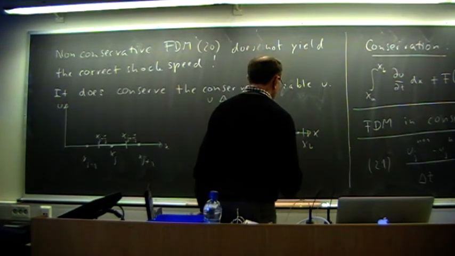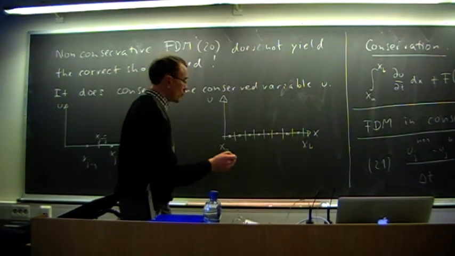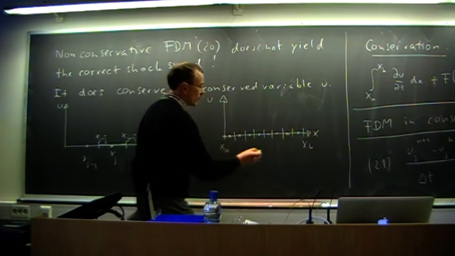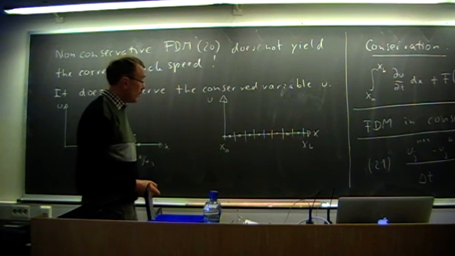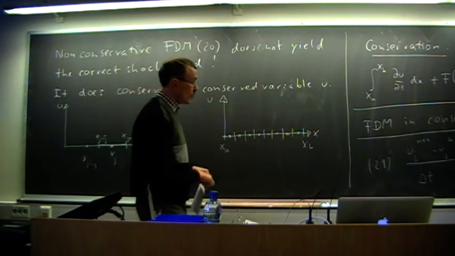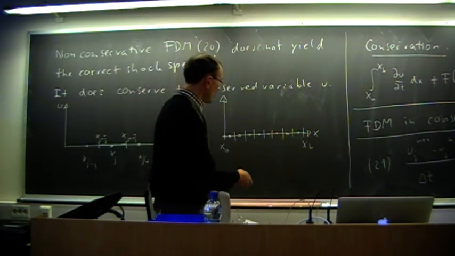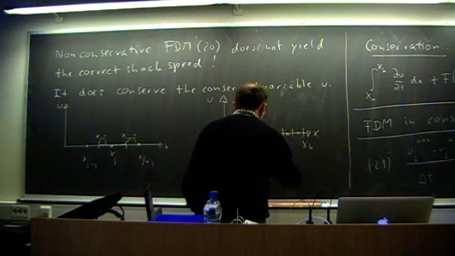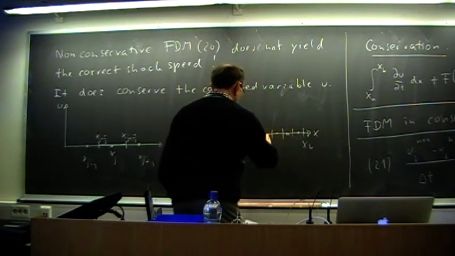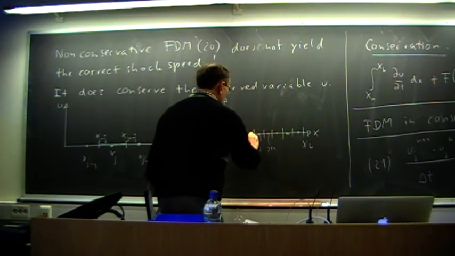That would be our grid points. At the boundaries we have to do some special treatment. But if we do that, then the contributions we have, this is J, here we have J plus 1, here we have J minus 1, so these are the grid points, the x's.